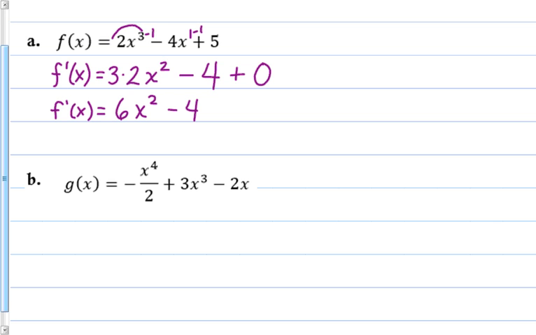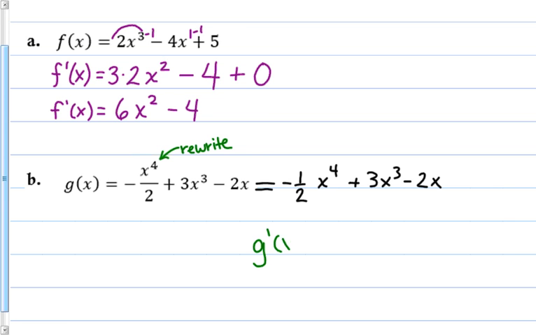So same thing. It might be helpful for you to rewrite this. So let's see. I rewrite it as negative 1/2 x to the 4th plus 3x cubed minus 2x. So now let's see what I have. So the derivative, so g prime of x. All right, bring the 4 to the front.